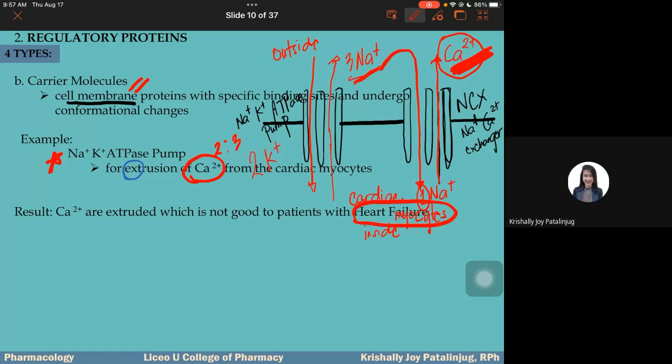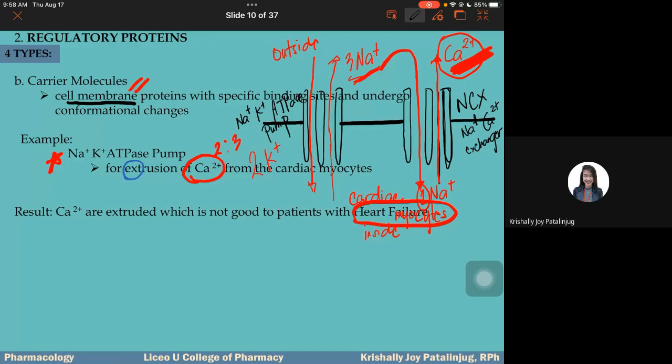The function of the sodium potassium ATPase should be controlled because the calcium ions are going out. It is important to accumulate calcium inside the cardiac myocyte for contraction, to add strength to the contraction of the heart muscle.